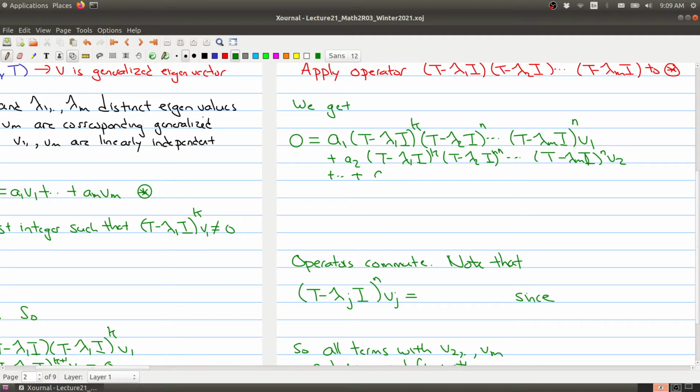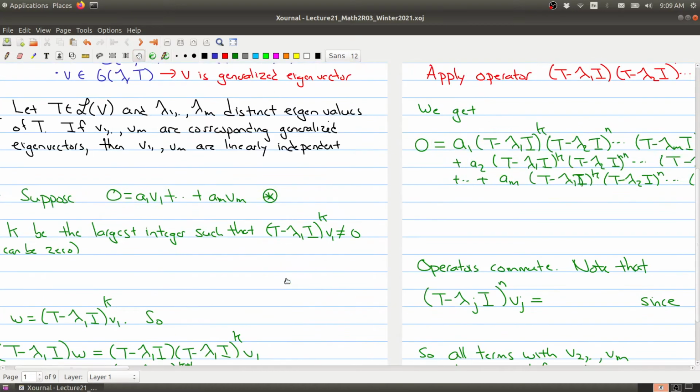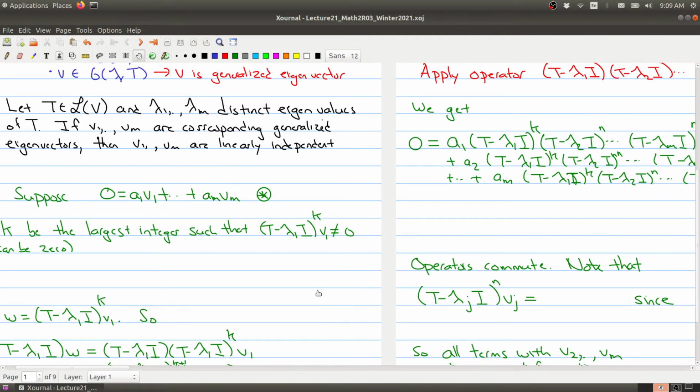The last term is am times (T minus lambda 1 I) to the k, (T minus lambda 2 I) to the n, up to (T minus lambda m I) to the n, applied to vm. We're just using the fact that this is a linear operator and we're applying it to this expression. So it just means we're taking a1 times whatever this operator does to v1 and so on.